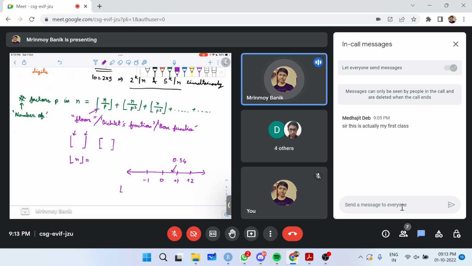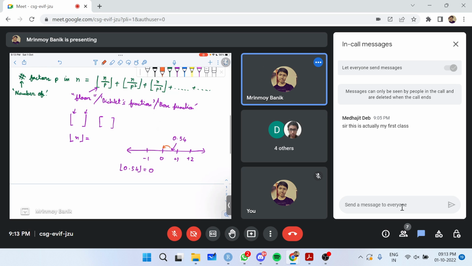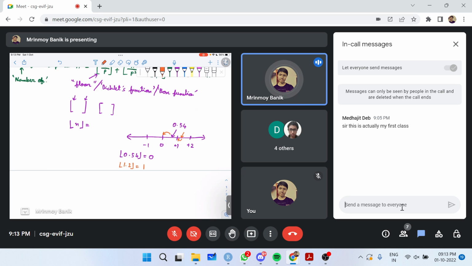So when you consider the box of 0.54, this basically returns 0, since the number just to the left of 0.54 which is an integer, that is 0, right? So simply the box of 1.2 is 1, since 1.2 is here and the integer to its left is 1.